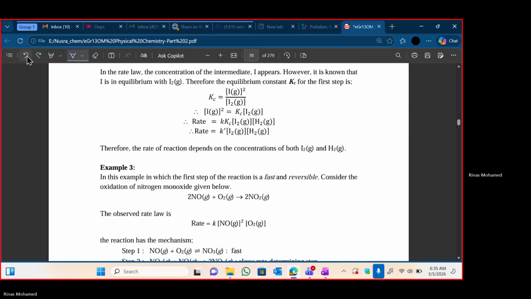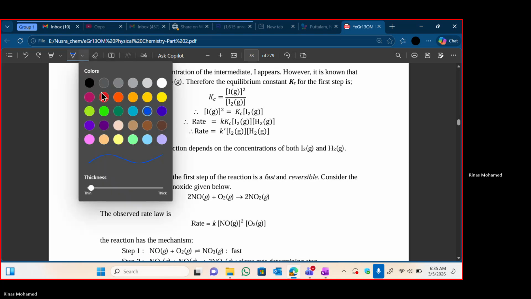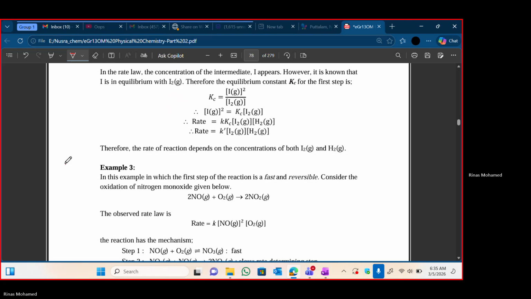NO, this is the overall reaction, the net reaction.